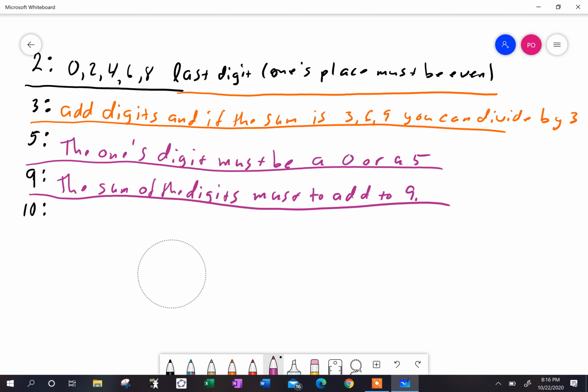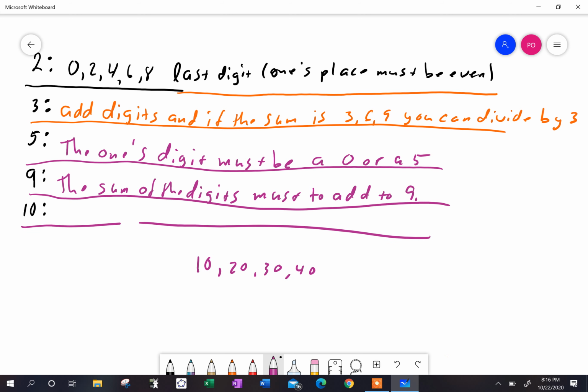Now 10, you might say, oh, well, that's easy. 10, 20, 30, 40. The ones digit must be a 0. But there's a special reason for that, and I want to make sure that you understand this.